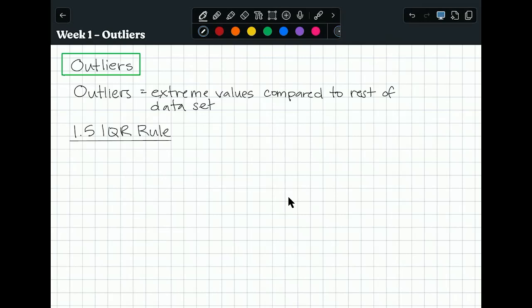So for the interquartile range, you obviously need the first and third quartile. You need to know what that quartile is. So you're going to calculate a lower bound based on our quartiles, and that lower bound is equal to the lower quartile Q1 minus 1.5 times the IQR.